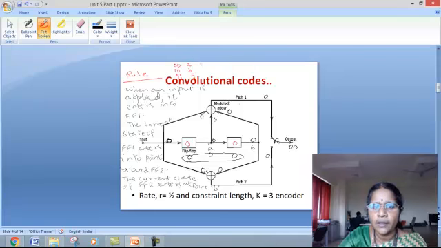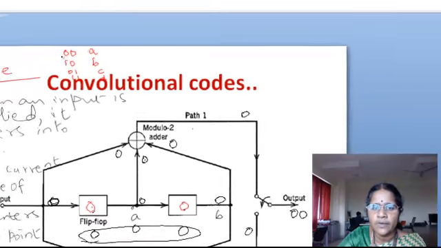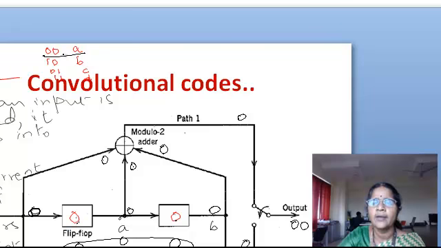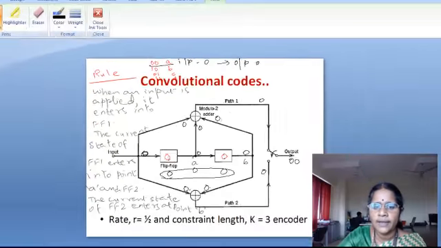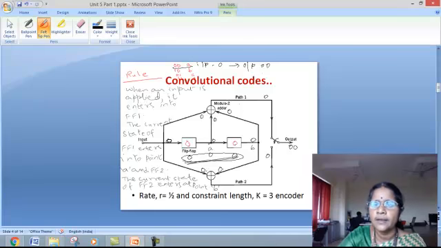So when the encoder is in state A and the input is 0, the output is 0 0, and the next state is 0 0, which means state A.